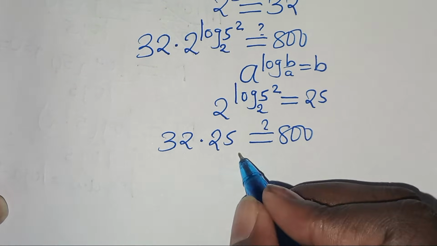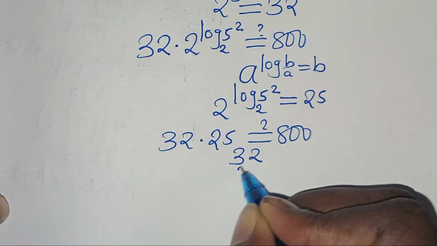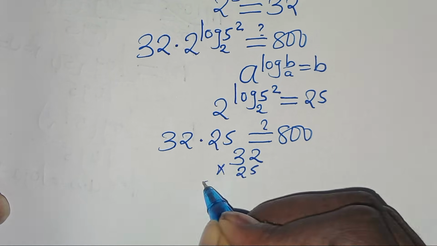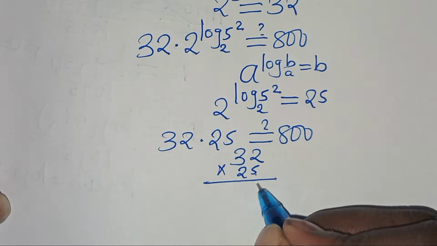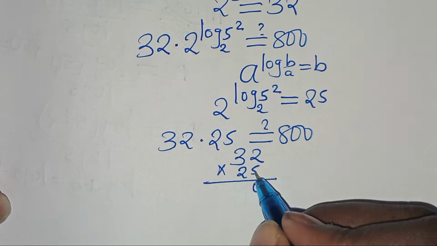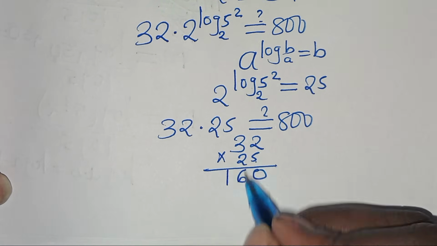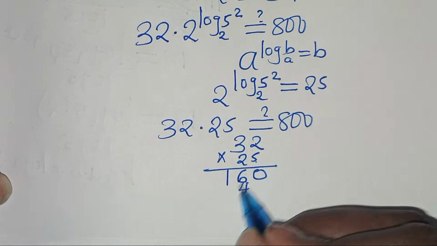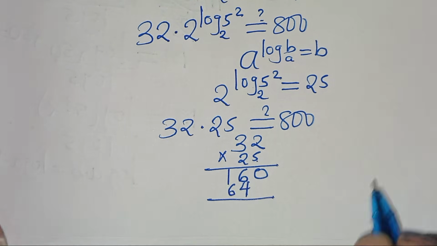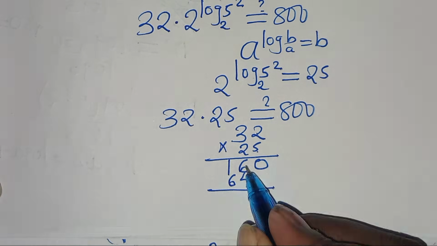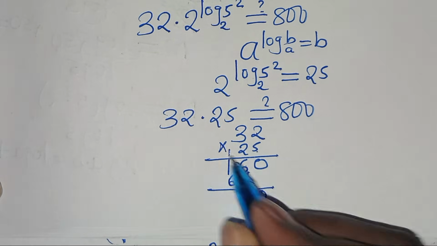So this implies 32 multiplied by 25. 5 times 2 is 10, carry 1. 5 times 3 is 15 plus 1, 16. Then 2 times 2 is 4, 3 times 2 is 6. So we have 0, 6 plus 4 is 10, carry 1, and this is 8.